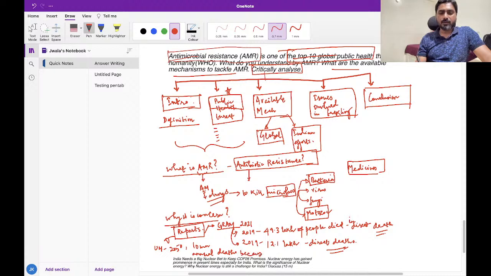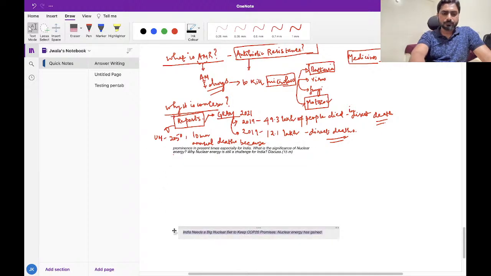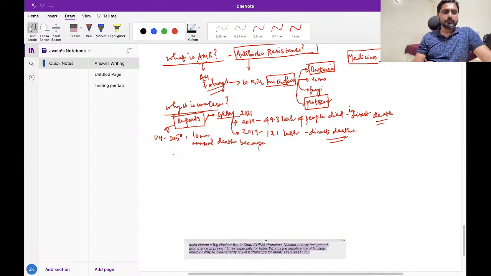So the UN report says that by 2050 the world will see around 10 million annual deaths.